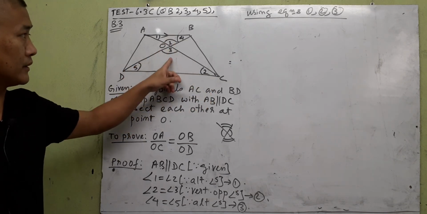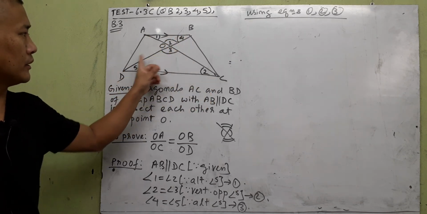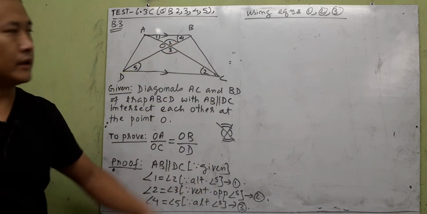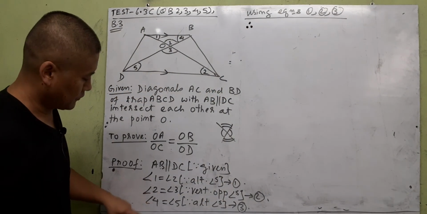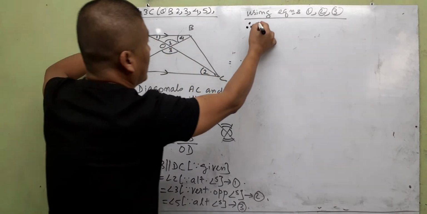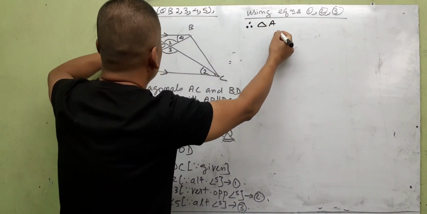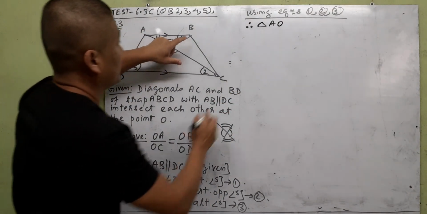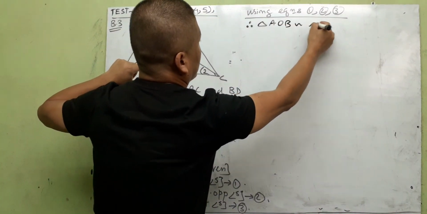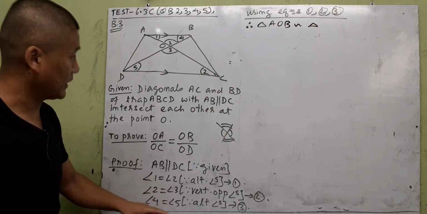So in these two triangles, up and down, AOB and DOC, all three angles are equal. So the triangles will be similar. You can follow this vertex 1, 2, 3. One vertex is A, two vertex is O, third, 2 and 4, vertex is B, will be similar to. So you have to follow the same order.